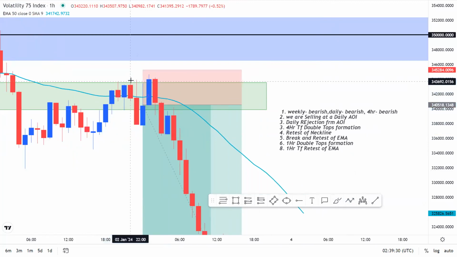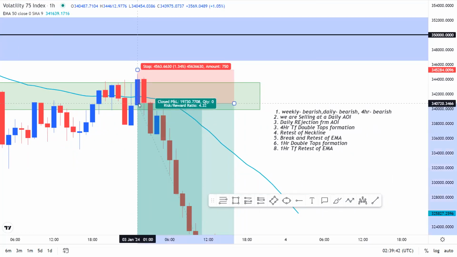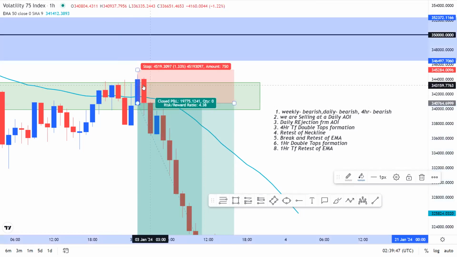getting all the way down to the daily time frame. So I add my entry as soon as we had this bearish candlestick close right back below the 50 exponential moving average, where we had the second leg of the M pattern formation.